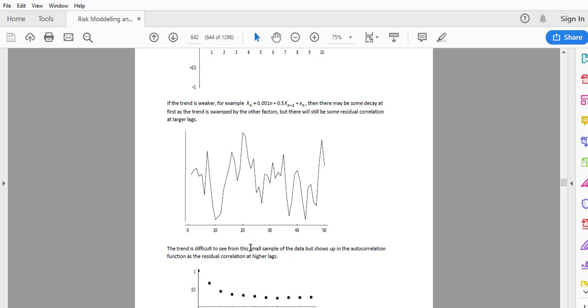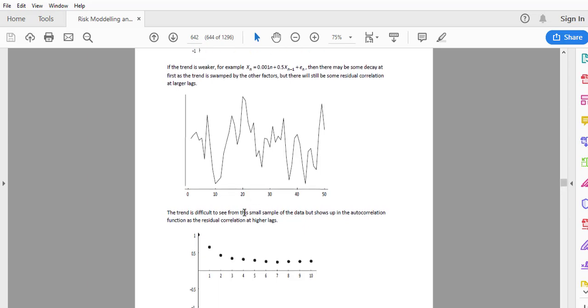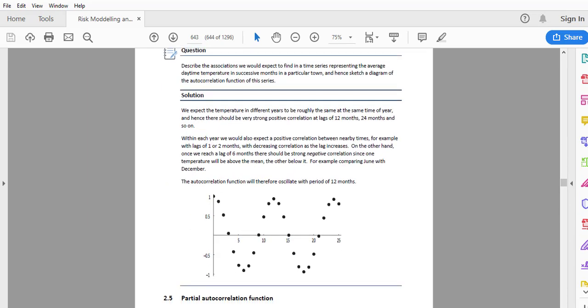They have taken a larger sample of data and tried to show you the autocorrelation function. There is a trend, and the autocorrelation is never going to zero. It is just falling and falling but never reaching zero. So these are some things that you can observe.